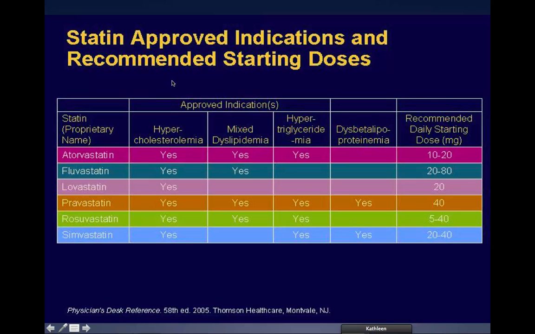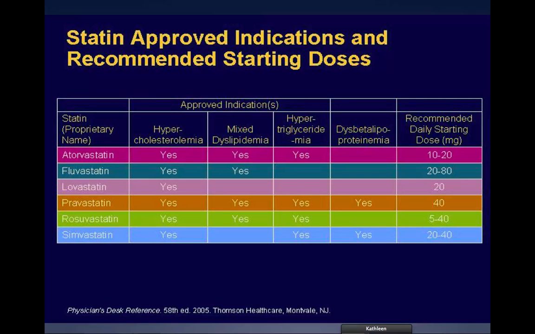So this slide, I want to talk about dysbetalipoproteinemia, which is also a remnant removal disease. It's a rare lipid disorder characterized by high levels of blood cholesterol and triglycerides. The cholesterol levels usually range from 300 to 600.